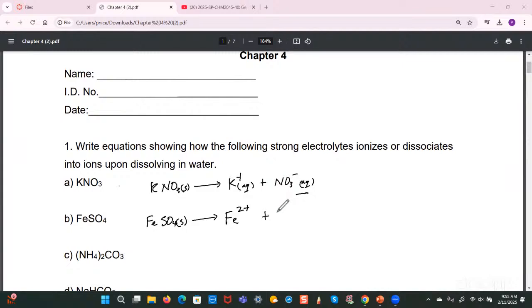And what would be the next ion? SO4 2 minus. Okay, very good.